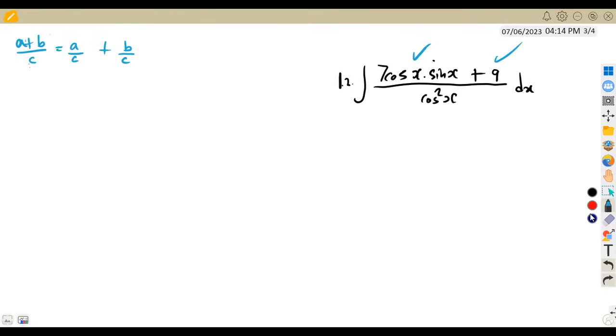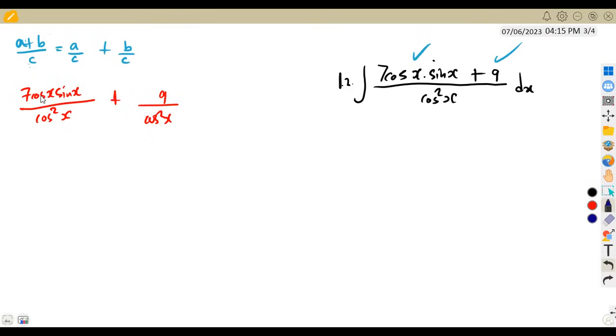Let us rewrite. We are going to have 7 cos x sine x, everything over cos squared x, plus 9 over cos squared x also. So this is what you're supposed to have. We're supposed to simplify further.